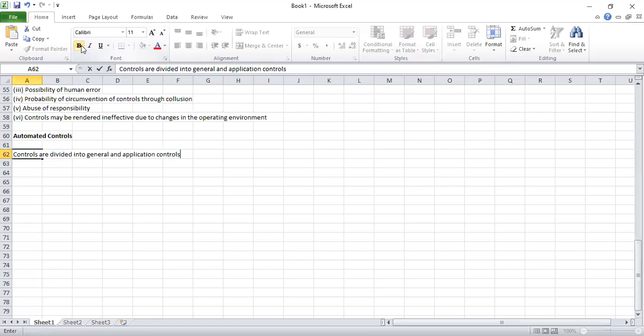For example, if we say there should be a password when you log into the computer, that's a general control. So if you are a receipt clerk, before you do any receipting, you can't log into the computer before you put your valid username and password. When you get in, because you are a receipt clerk, you can't access the payments. Even to get to your office, the office is locked, you need the keys.